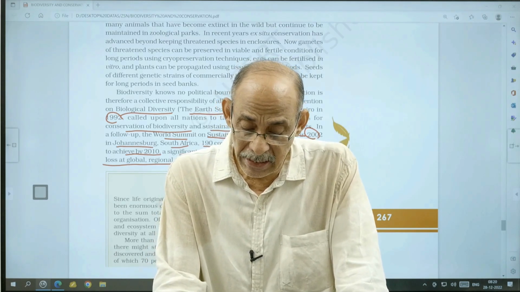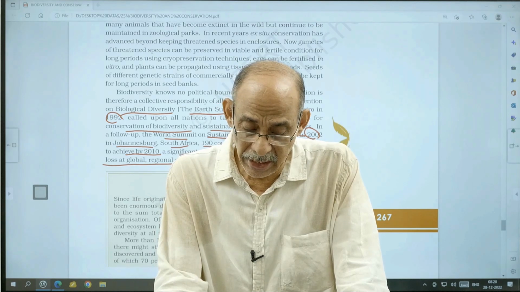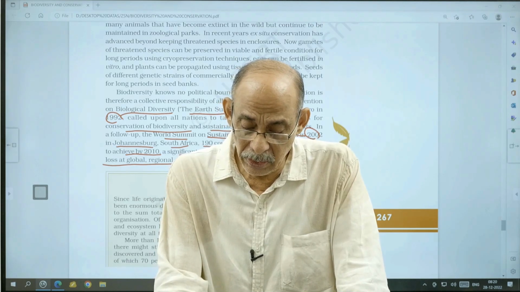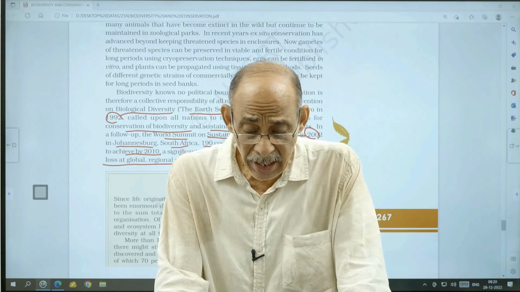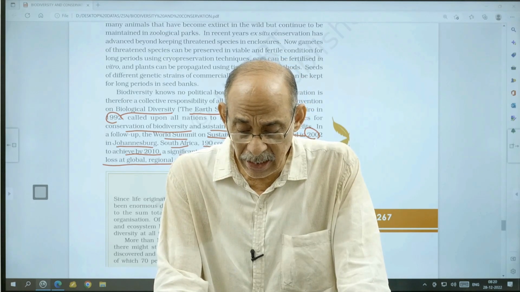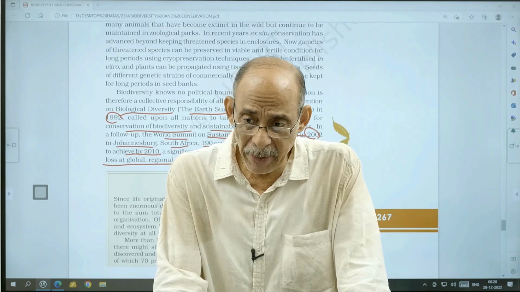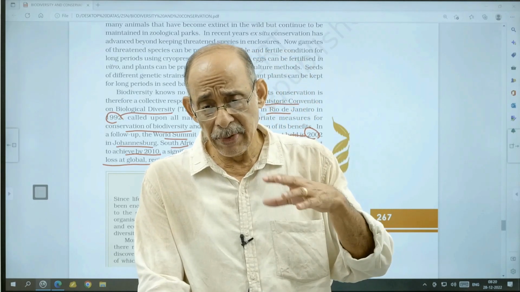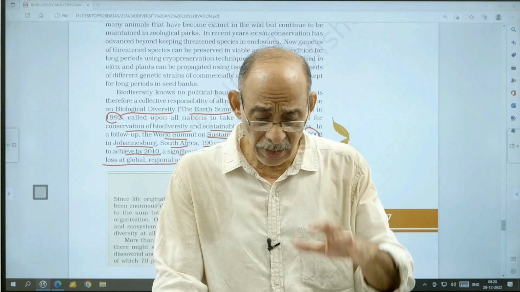And lastly, the historical conventions of Rio in 1992 and the Sustainable Development Convention in 2002 at Johannesburg. Both were held for the reduction of biodiversity loss at world level, country or continent level, and local levels.